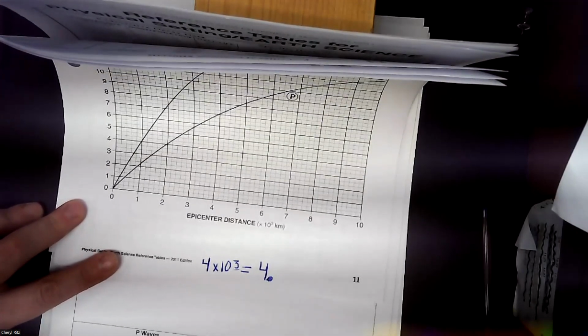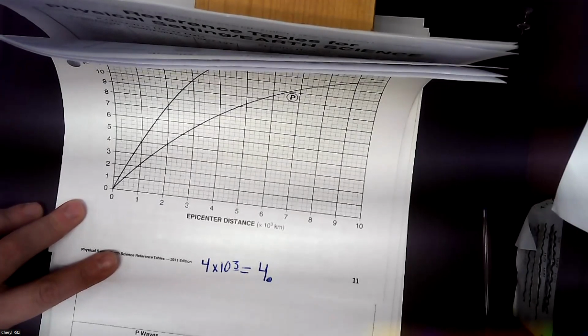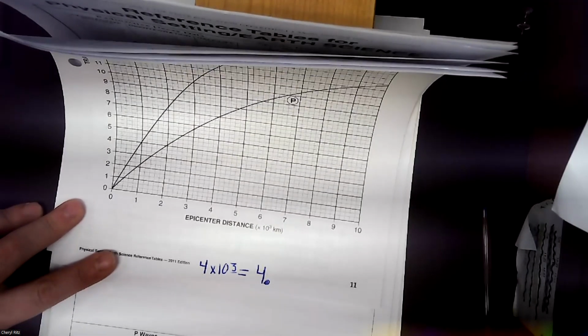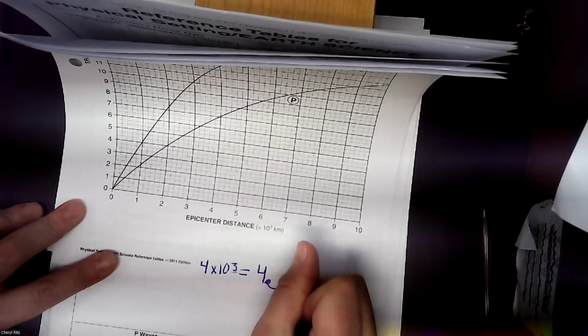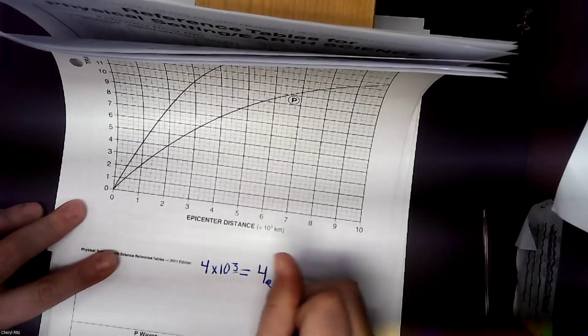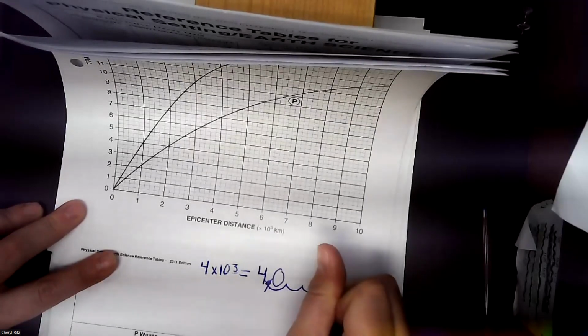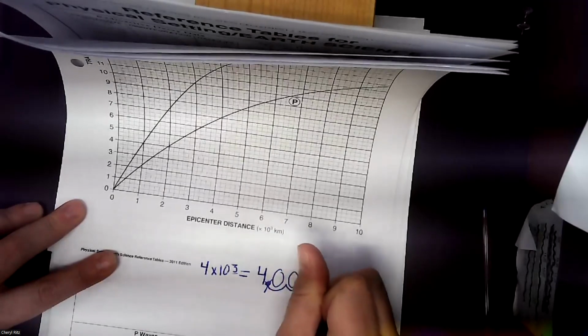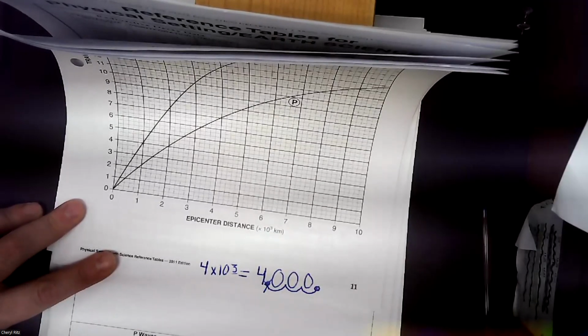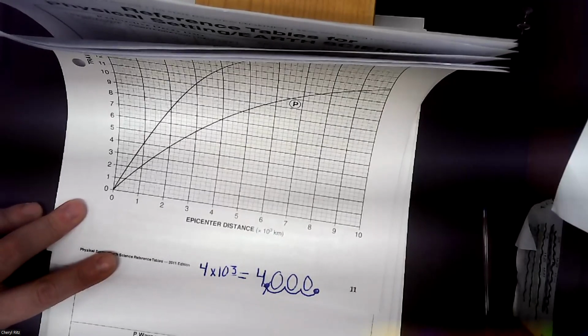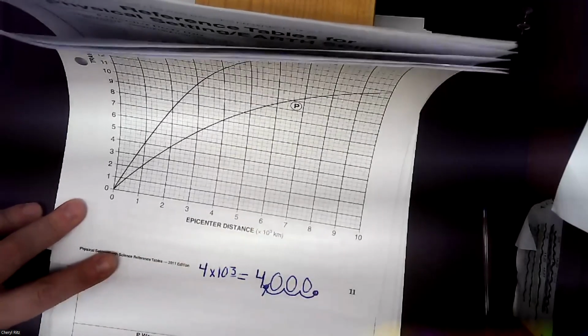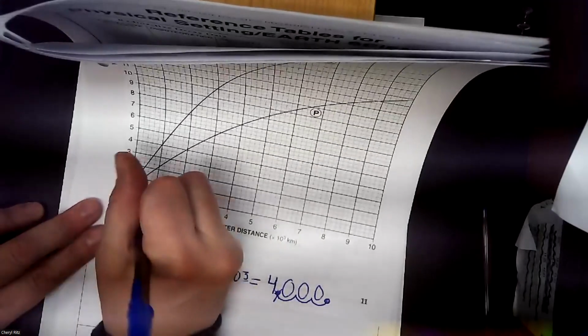Which way do I move it? Right, to the right. Positive numbers go to the right, negative numbers go to the left. So 1, 2, 3. So plop it. That's not the decimal anymore. It goes here. Pop in the 3 zeros. That's 4,000. I want to add those 3 zeros to every single one of these numbers.